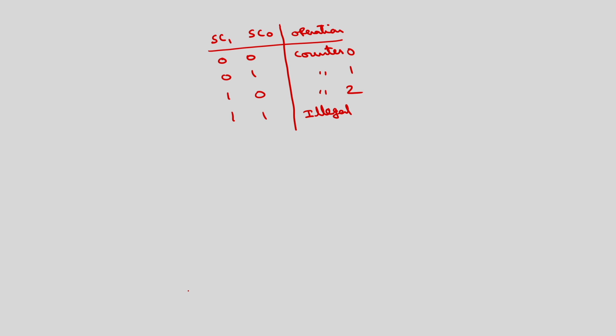These are about the first 2 bits. Next we have RL1, RL0.